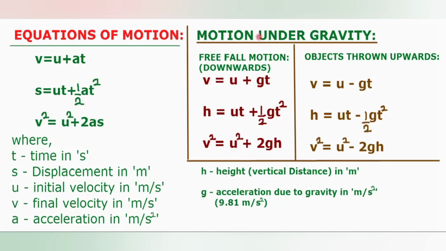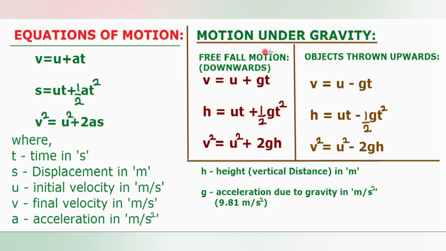These three equations are used for the motion of a particle or an object in a straight line. Then motion under gravity: here, the motion of a particle or an object under the influence of gravity. There are two possibilities. The object may move upwards against the gravity, or along the direction of the gravity, as a free fall motion in the downward direction.